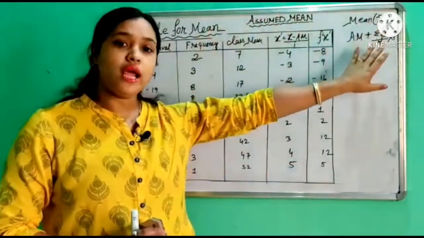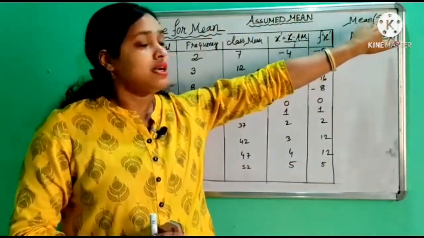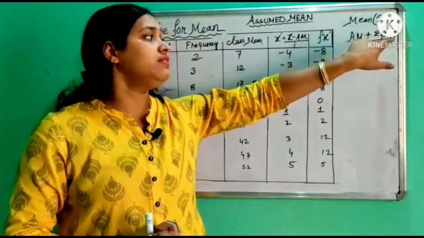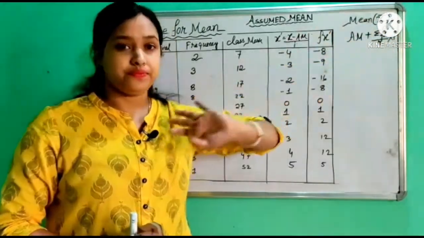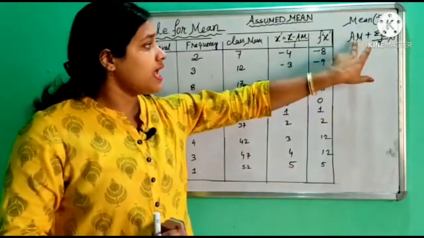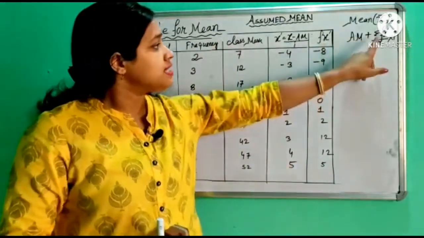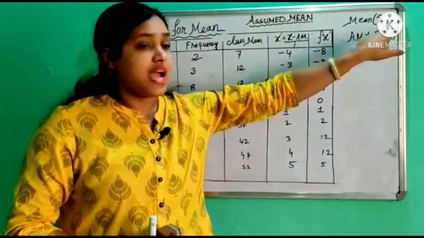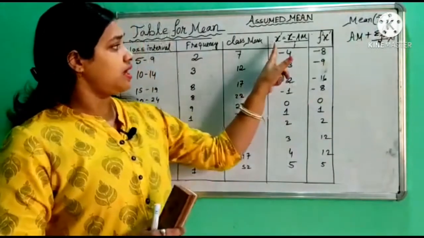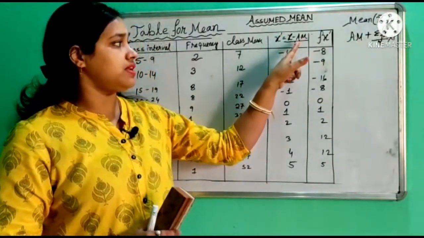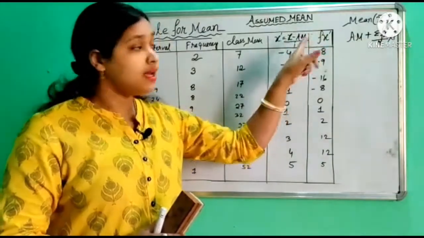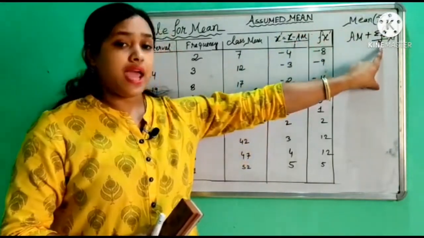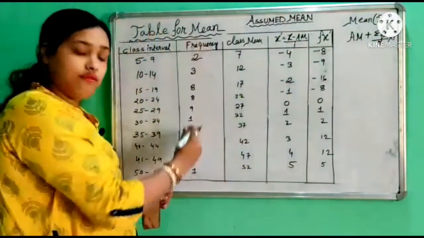This is the formula for the assumed mean: X bar equals AM, meaning assumed mean, plus summation fx dash divided by n, into I. Here AM means assumed mean. In summation fx dash, f means frequency. And x dash means x minus AM, divided by I. n means our total frequency.